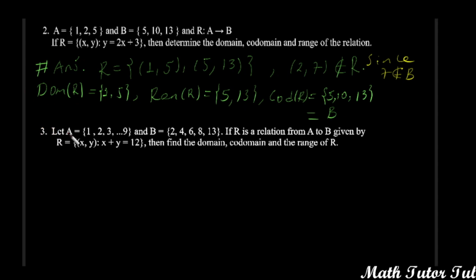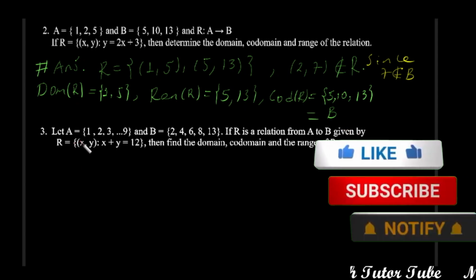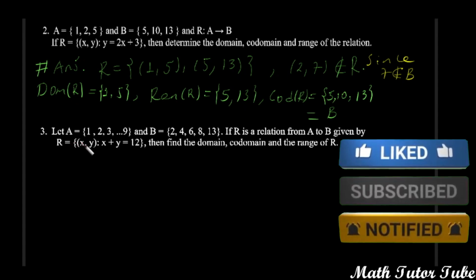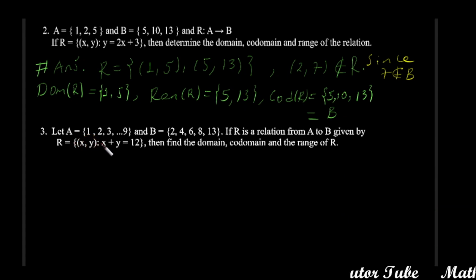Example 3. Let set A contain 1, 2, 3 up to 9 and set B contain 2, 4, 6, 8, 13. If R is a relation from A to B given by the set builder method, R contains the set of (x, y) such that x plus y equals 12, then find the domain, codomain, and the range of R. This example is also the same as example 2.